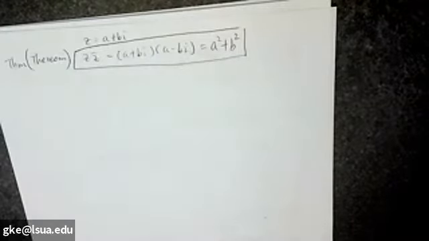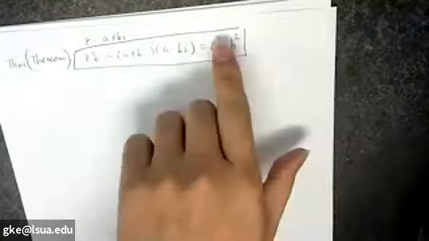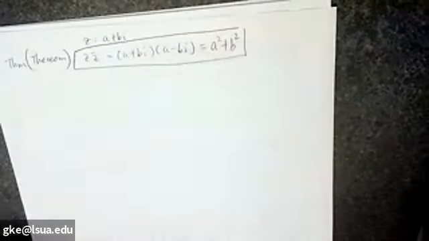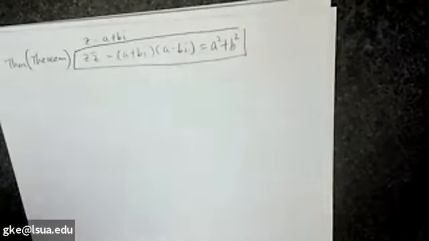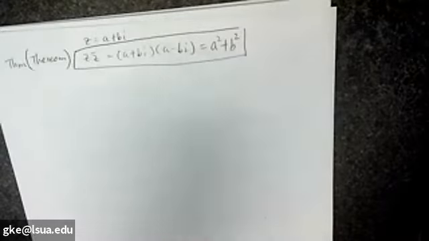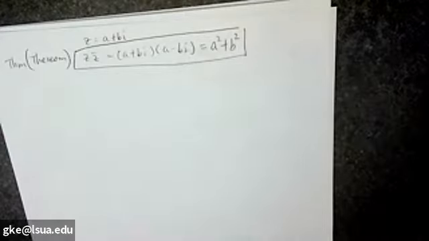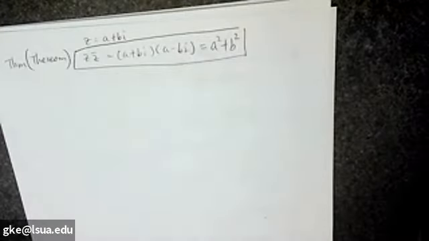You're going to get a real number, a squared plus b squared. Some of you give me a squared plus b squared i squared. That's wrong. It's a squared, real part squared, plus b squared, imaginary part squared. Okay, clear? Very good.